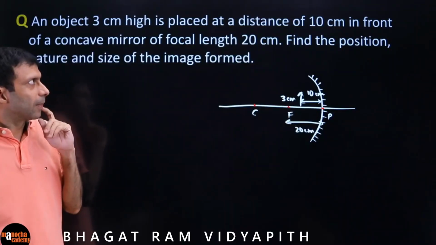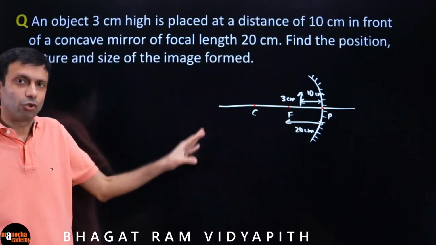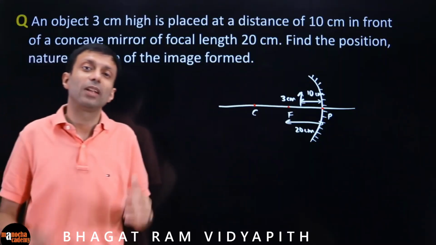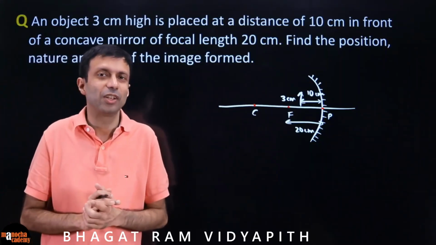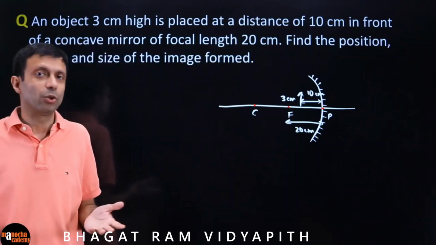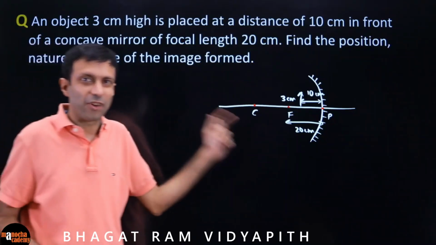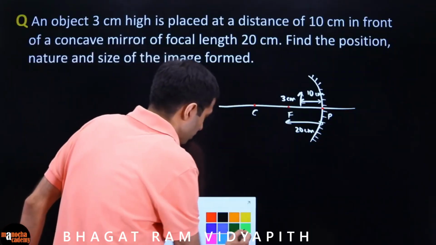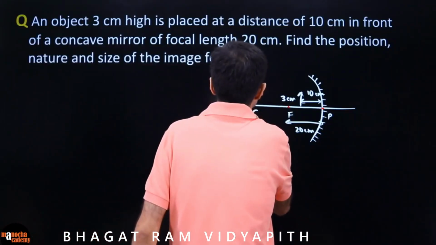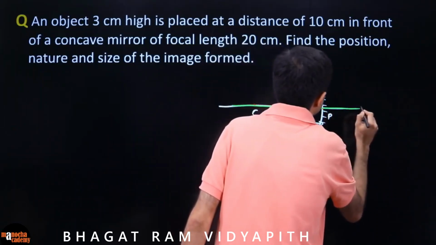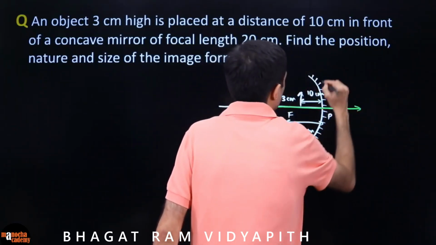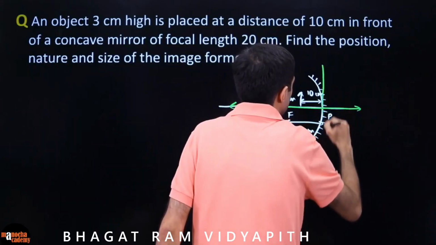Okay. Now one very important thing, when you draw the rough diagram, please draw that coordinate axis, that sign convention axis I told you, otherwise you'll forget to take the signs. So please do that right now. So we are going to draw our x-axis here and the y-axis.